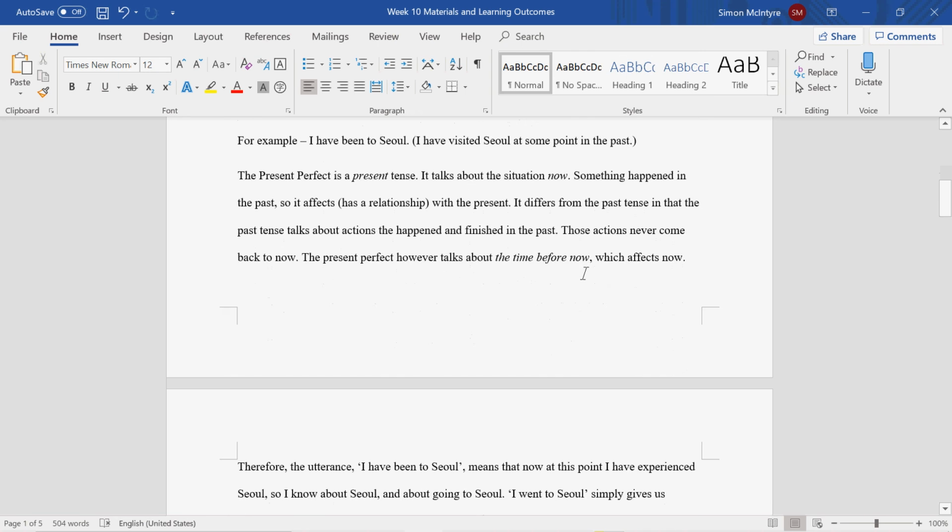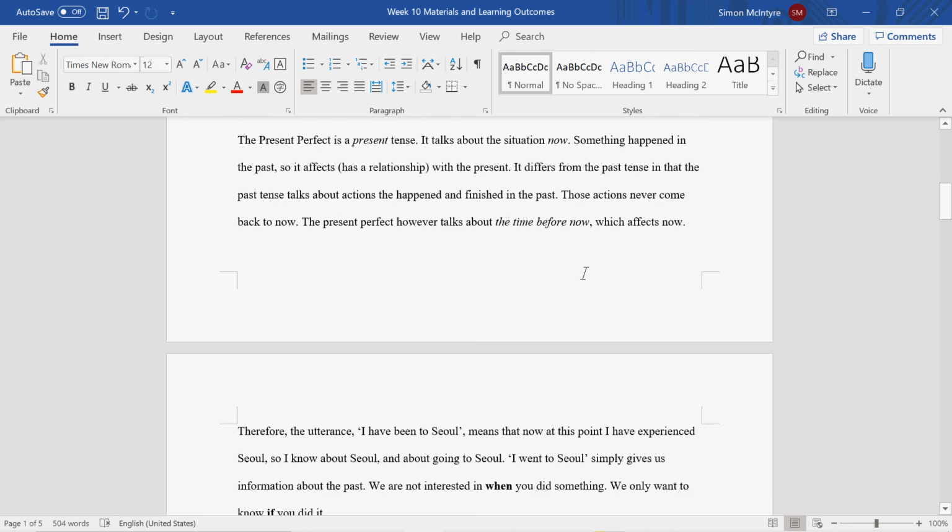So we use have been, and it's not a very common tense in other languages, certainly not in Korean. Right? So if you think about what is equivalent in Korean, an example would be something like 식사했습니까, which is past tense in Korean, but in English it would be present perfect tense.